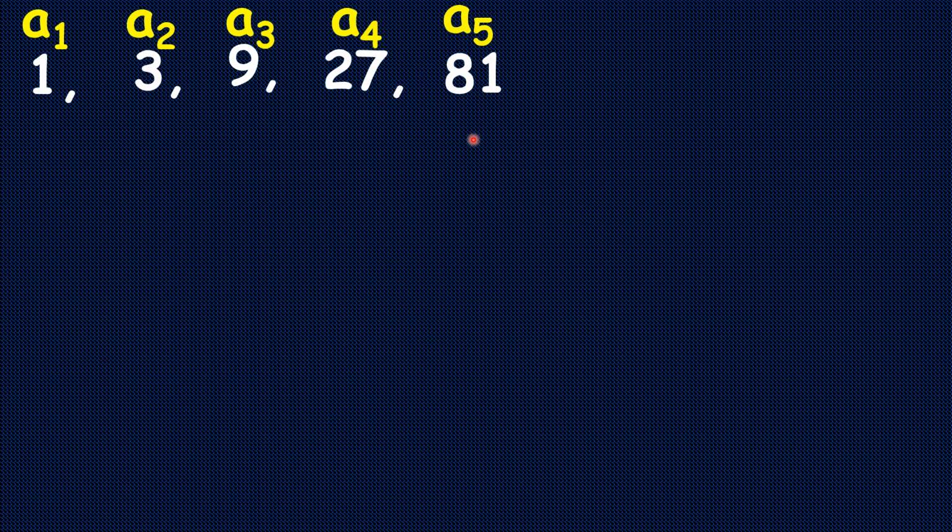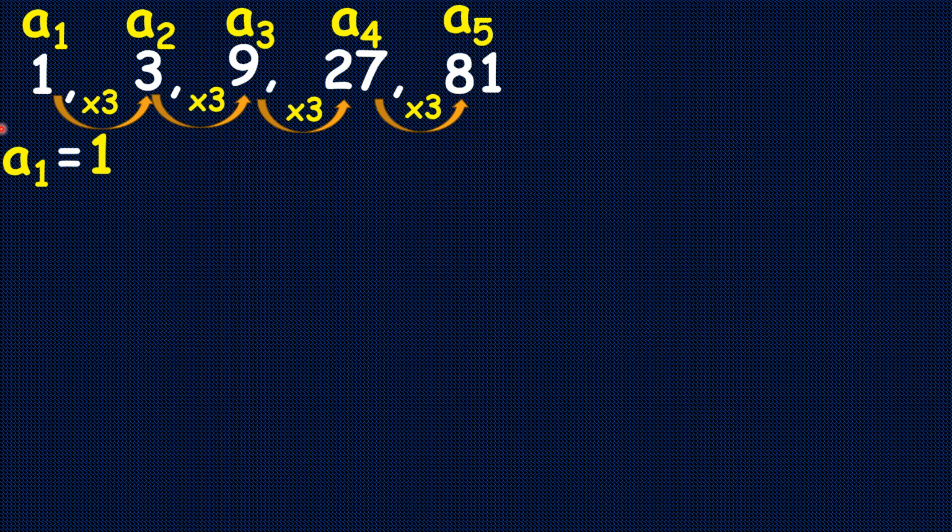So we'll be establishing a mathematical equation or designation for each of these terms. We have already established that there's a common ratio of 3 between the terms, and that A1, the first term, is 1, and that A2, the second term, is established by multiplying 1 by 3.